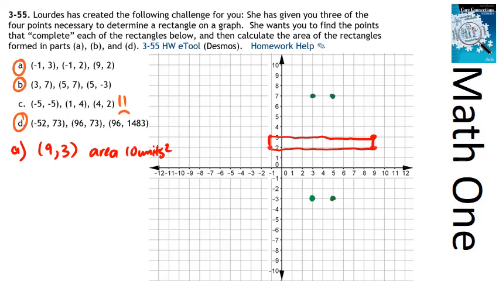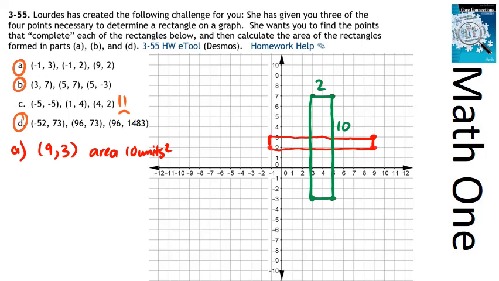I'm kind of starting to see a pattern here on how I can figure these out without necessarily plotting them. So it appears that this would be my rectangle, and the dimensions of this is 2, and I'm going from 7 to -3, which is a length of 10. So this is 2 times 10, which would be an area of 20.